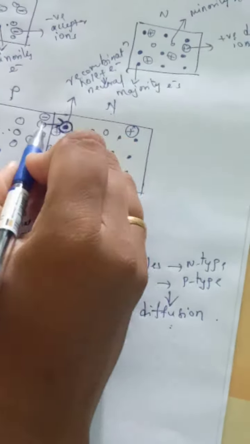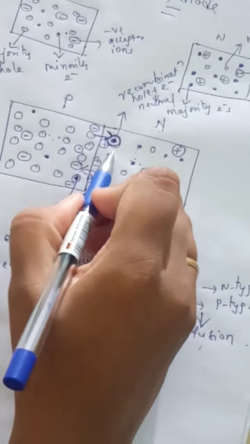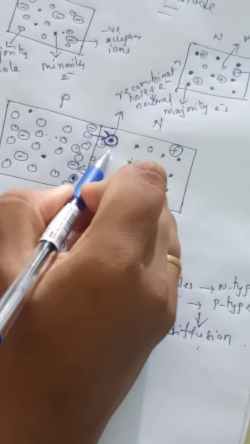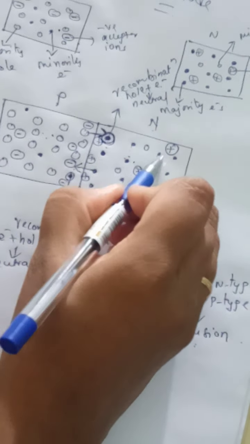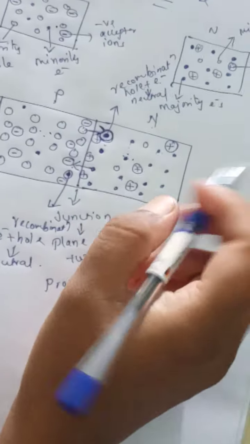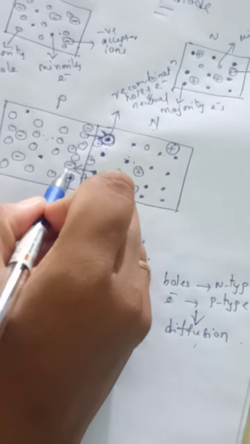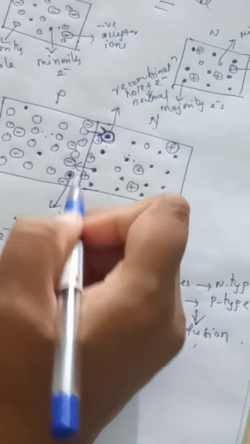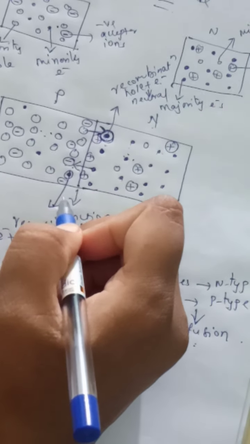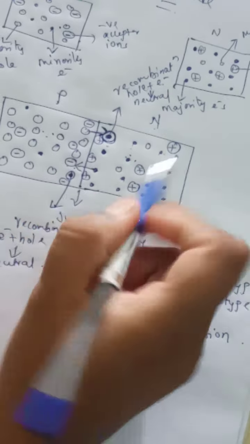Now due to diffusion, when a hole enters the n-type, it immediately recombines with the electron present nearby the junction on the n side and becomes neutral. Similarly, when an electron enters the p-type, it recombines with the hole present nearby the junction in the p region and becomes neutral.